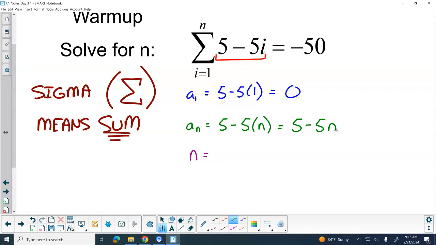From Friday, how do I find the total number of terms? If you took good notes on Friday, we told you how to find the total number of terms based off of a sigma.